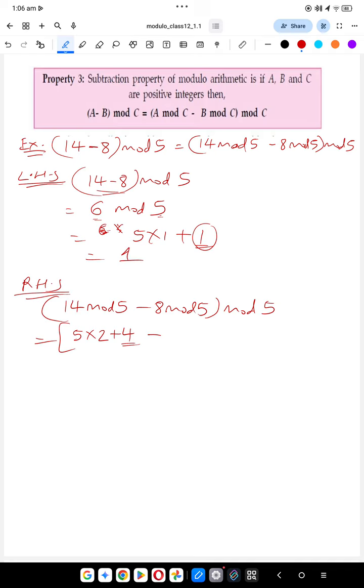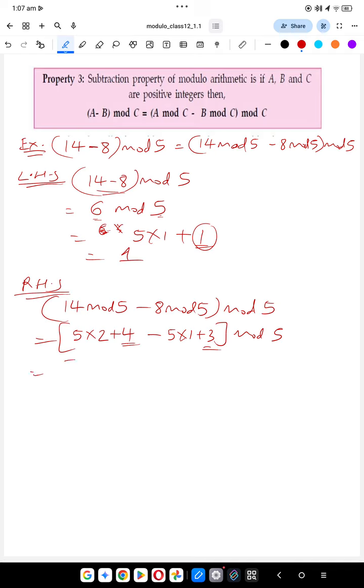And 8 modulo 5 is how much? 5 into 1 plus 3, and the whole modulo 5. So here I have got 3, and here it is 4.